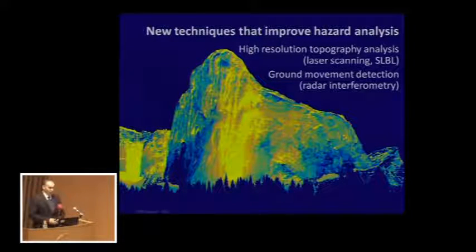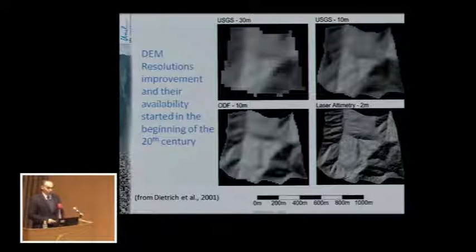Let's start with the new techniques and the improvement we get from them. Nearly 20 years ago, we started with a digital elevation model of around 30 meter grid cells. Then at the beginning of the century, LiDAR DEMs started to become available for scientists, and you see the difference in this catchment view.